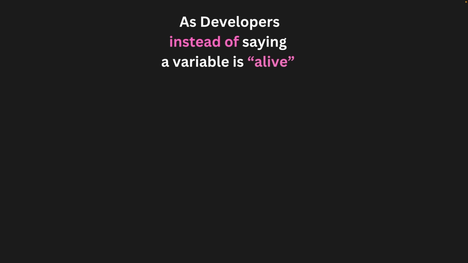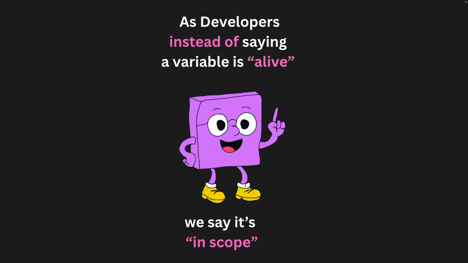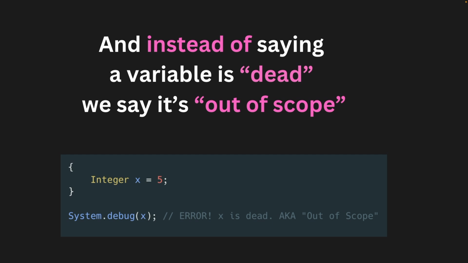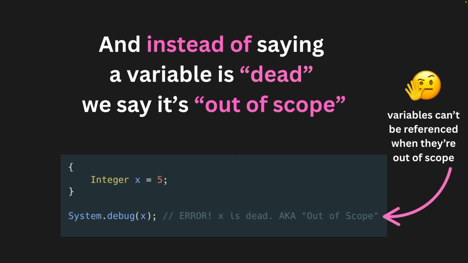Now, as developers, instead of saying a variable is alive, we say it's in scope. And instead of saying a variable is dead, we say it's out of scope. So if I declared the integer x within those curly braces and I tried to reference it outside of those curly braces, I wouldn't be allowed to, because variables can't be referenced when they're out of scope.